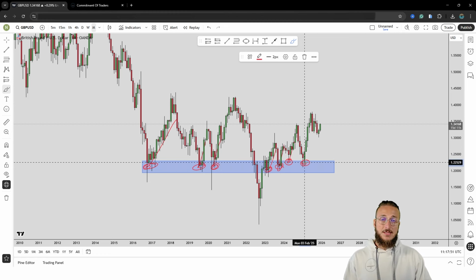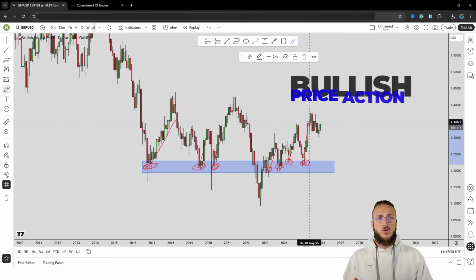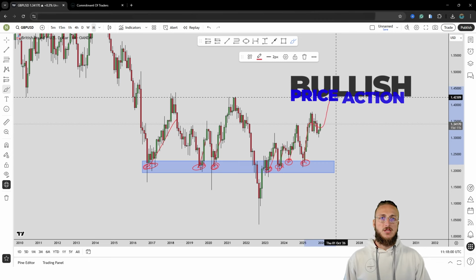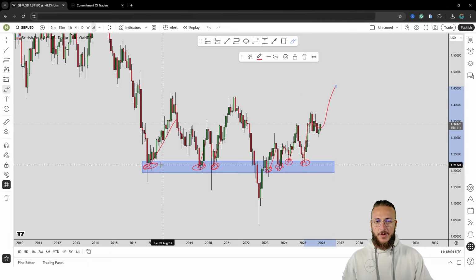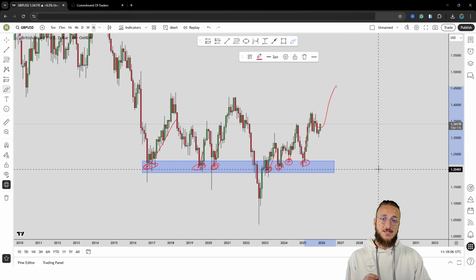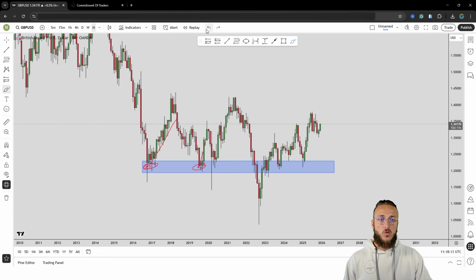And what we can see is that just now the market tested this zone once more, already started rejecting it to the upside. So in a situation like this, more bullish price action could be created away from this area, as already happened in the past, every single time the market was testing and rejecting to the upside this exact same zone. So here in the monthly, everything seems quite bullish.